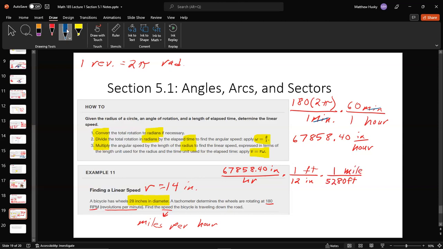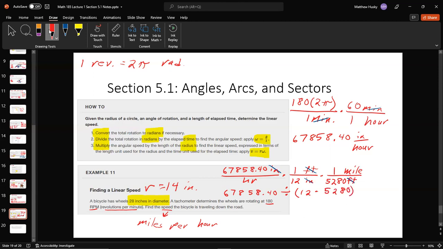So then we can turn this into miles per hour. So this is going to be 67858.40. And then we need to divide that by 12 times 5280.